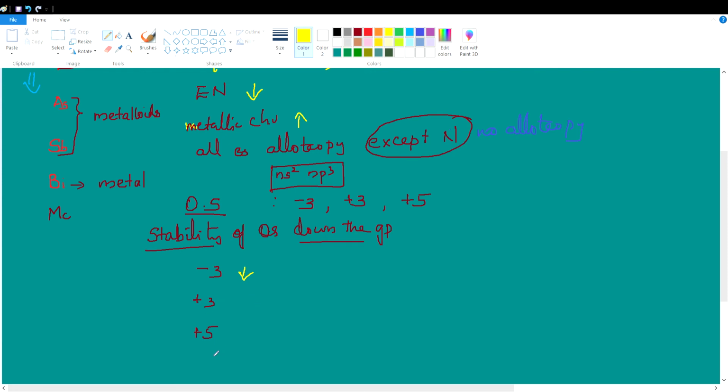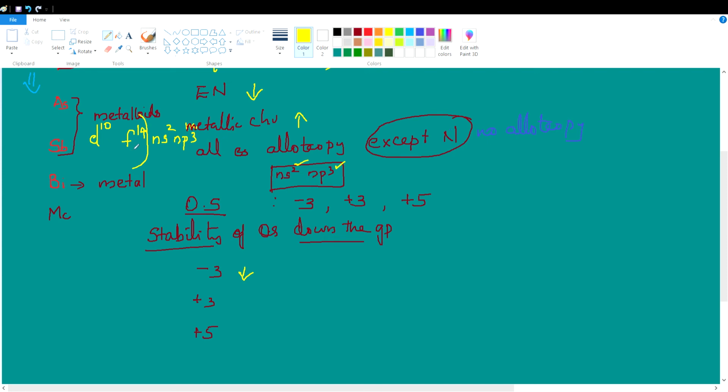If you take the +3 and +5 oxidation states, +5 is shown if along with the p electrons, the ns electrons are also removed. Down the group, from arsenic onwards, there comes a factor of d and f electrons. d10 and f14 electrons are present between the nucleus and the outer ns2 np3 electrons. These d and f electrons have a very poor shielding effect.